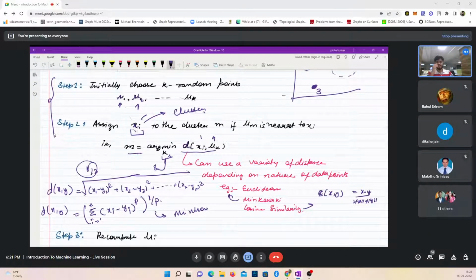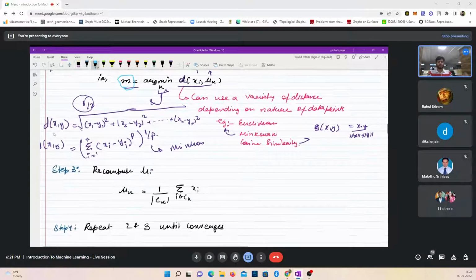Now getting back to our clustering, what we did was we assigned some random central points to each cluster. Then in the first round, we looked at every data point, computed its distance to every one of these center points, and assigned the point to the cluster from whose center point it had the least distance.